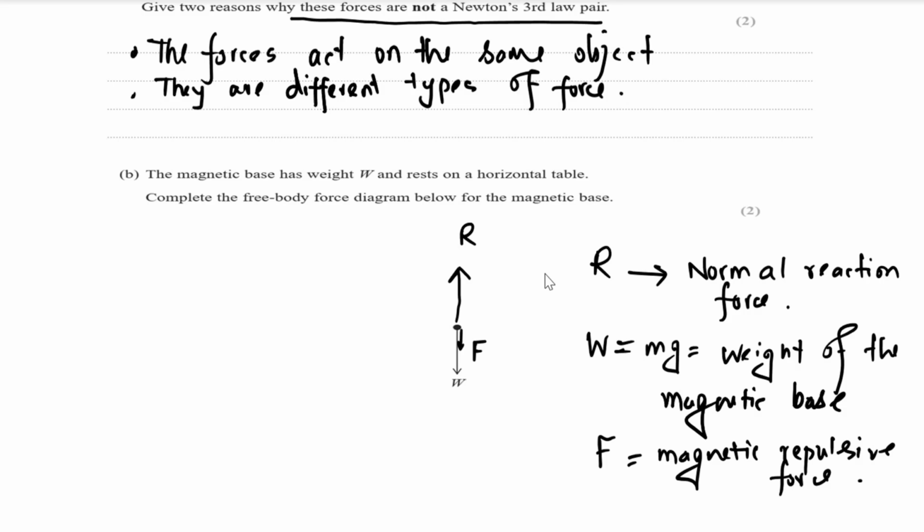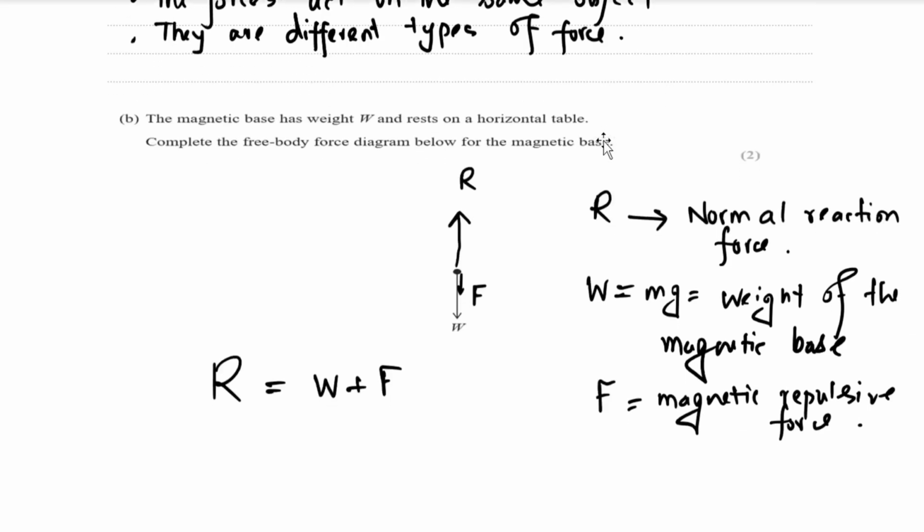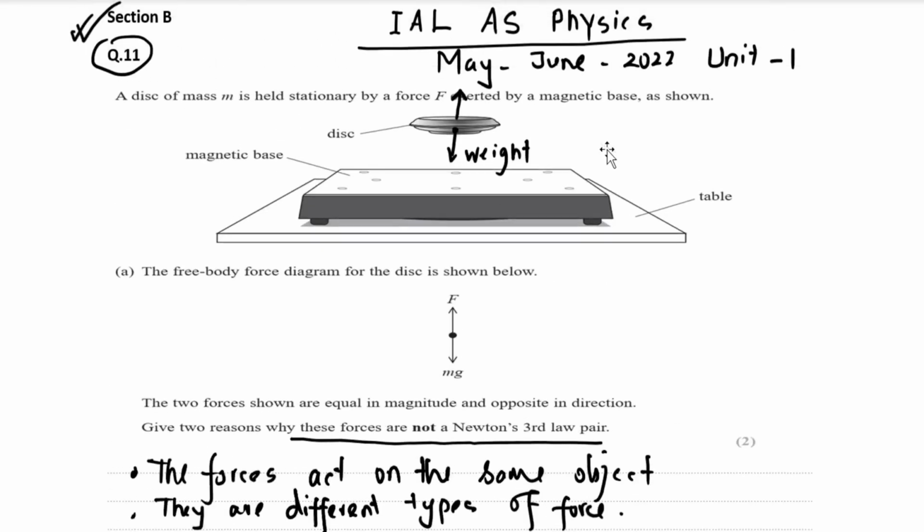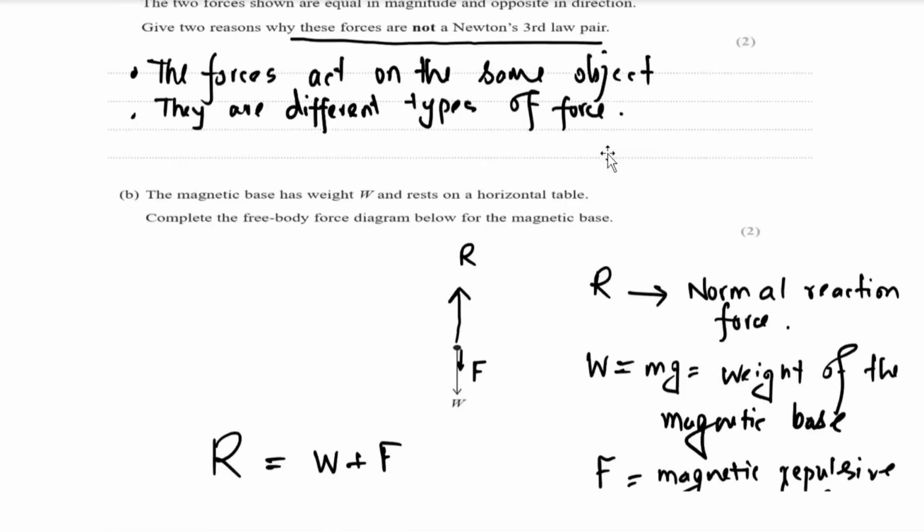So here R equals W plus F because the object is stationary. Okay, this is the answer overall.